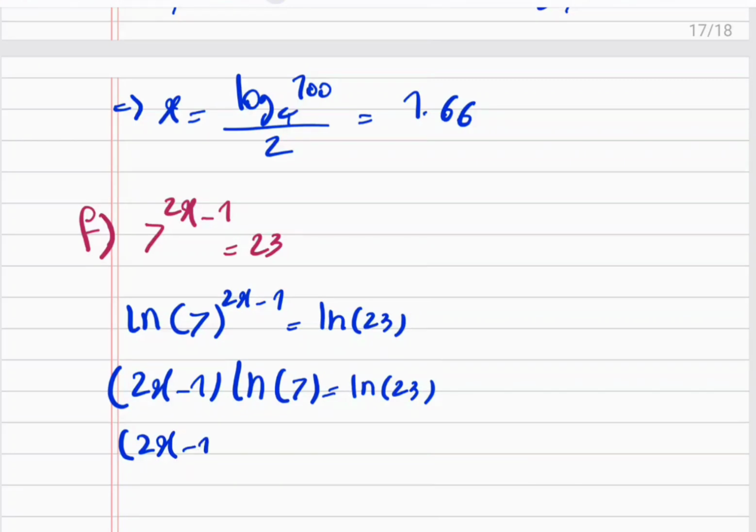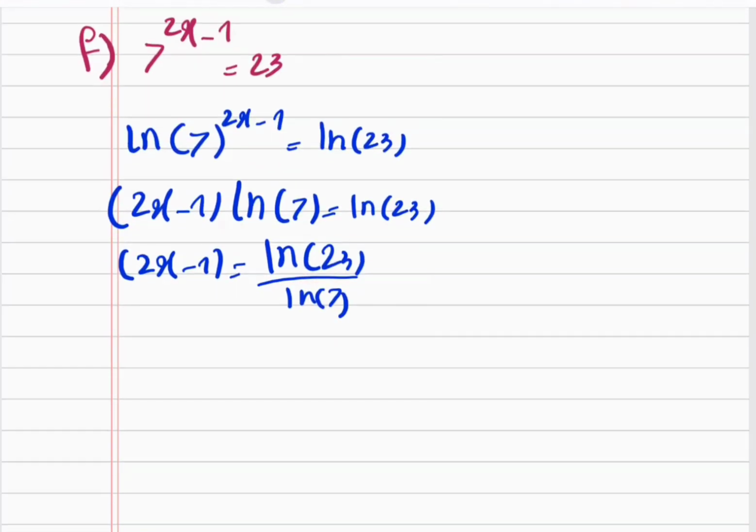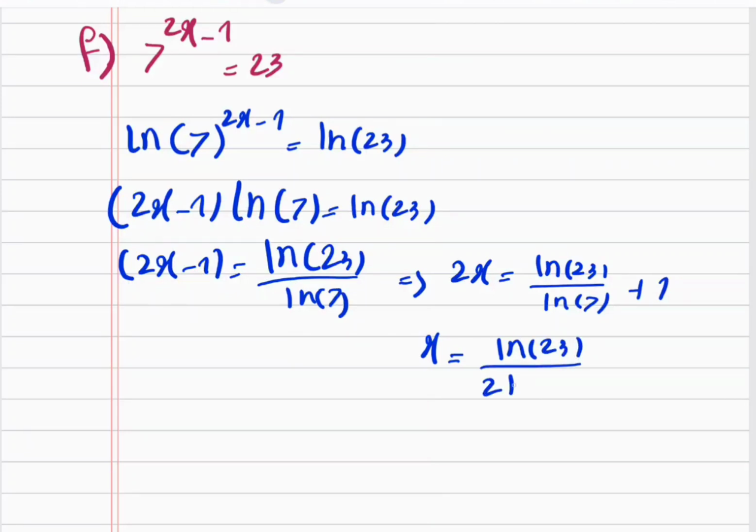Now we divide both sides by ln 7, so we have ln 23 over ln 7. Now we can add 1 to both sides, so we have 2x is equal to ln 23 over ln 7 plus 1. Now let's divide by 2, so ln 23 over 2 ln 7 plus 1 over 2, and the answer is 1.31.